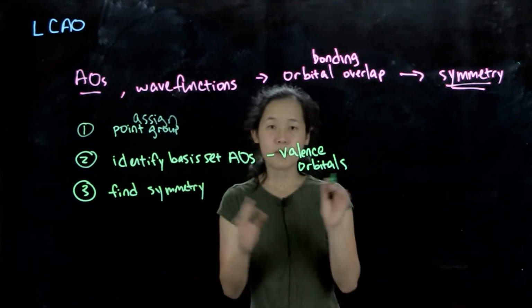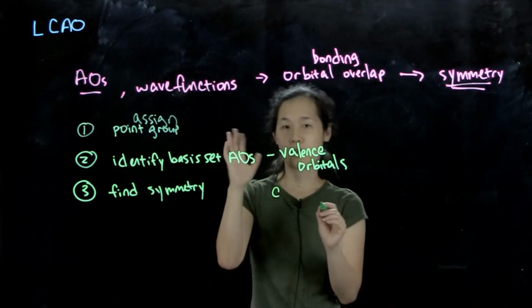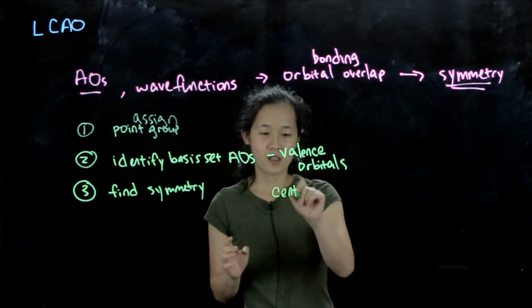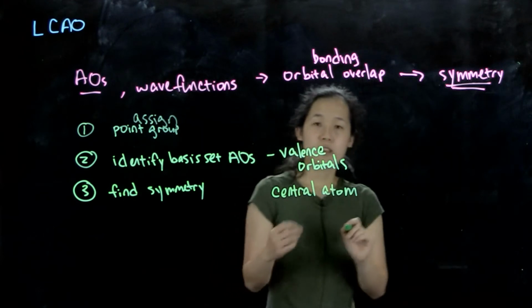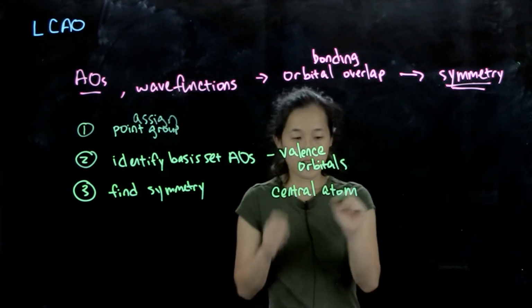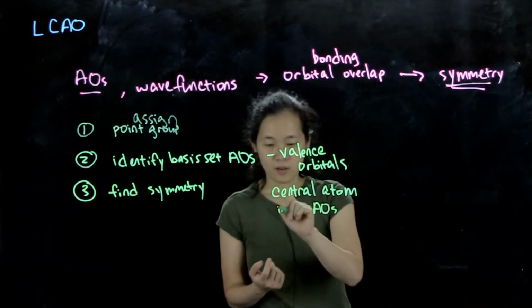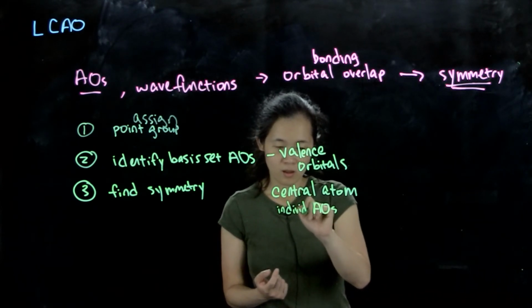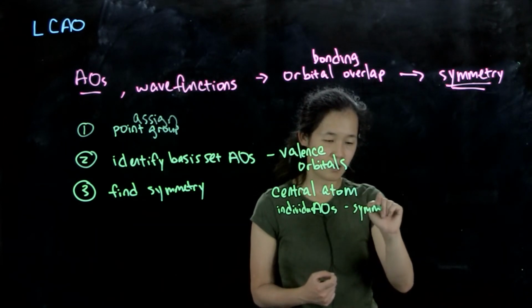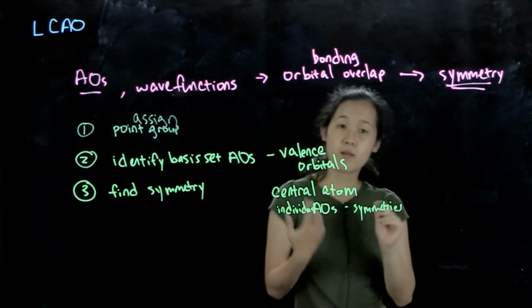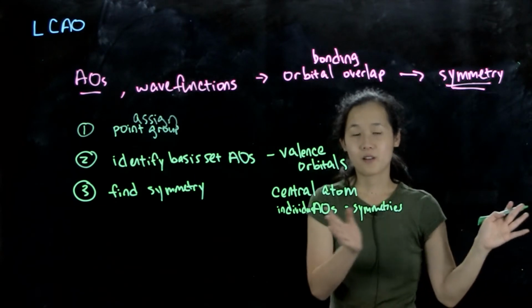If you have a central atom in your molecule that's sitting on your axis of rotation, for example, then you can very easily identify how the atomic orbitals of that central atom transform in your point group. You can just look at the right-hand side of your character table and see how the functions transform, because you know how the linear functions, the square functions, et cetera, all transform in space.